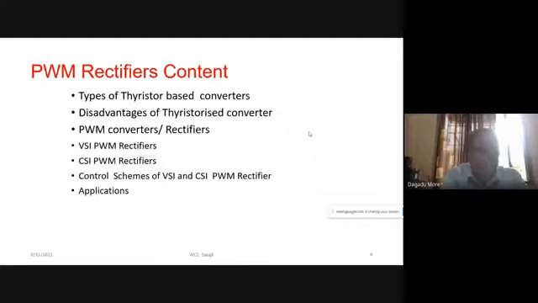In PWM rectifiers, we have the voltage source PWM rectifier and the current source PWM rectifier. We will cover the control schemes for both rectifiers, and their applications.